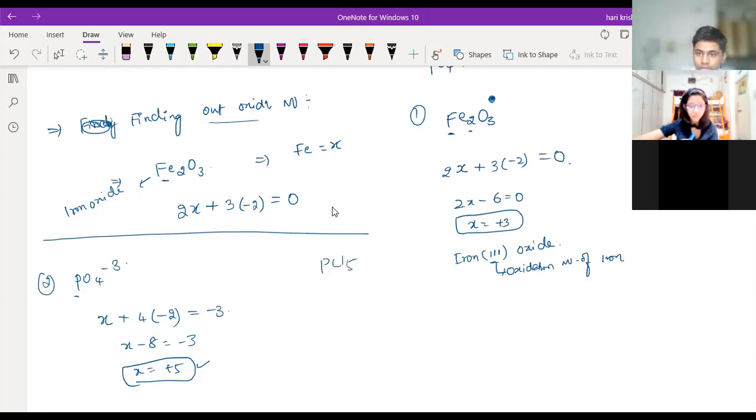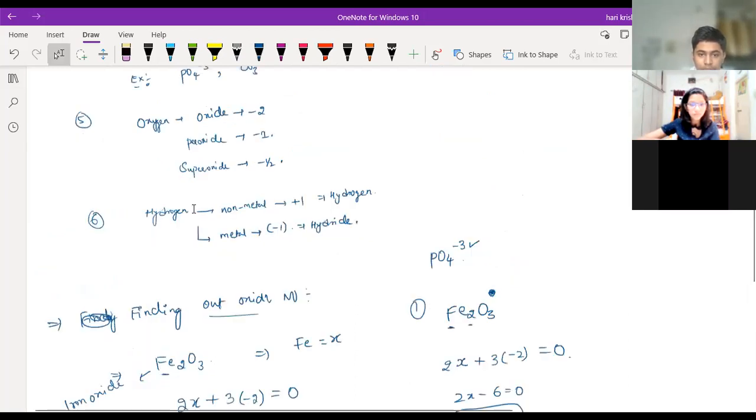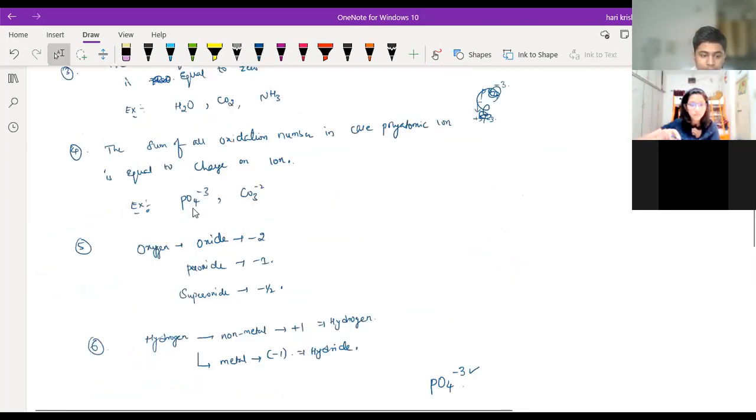What is the oxidation number of phosphorus in this? And one more thing, halogens always show -1.